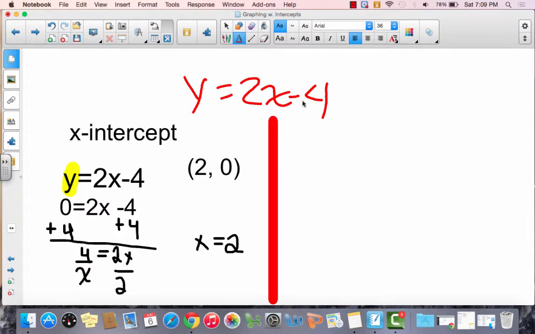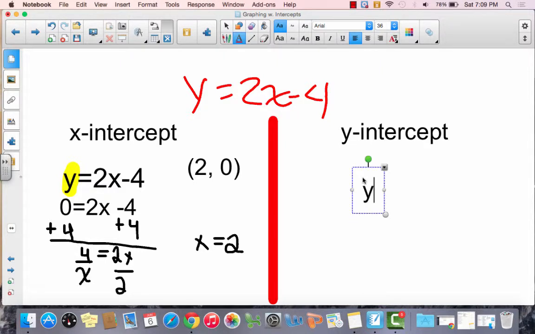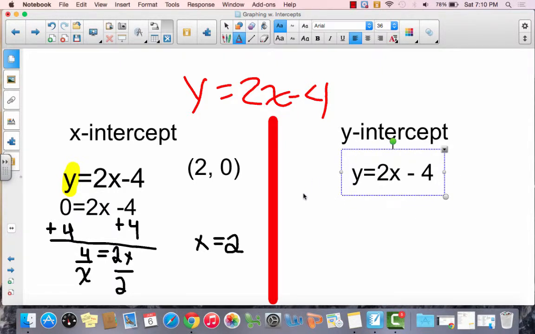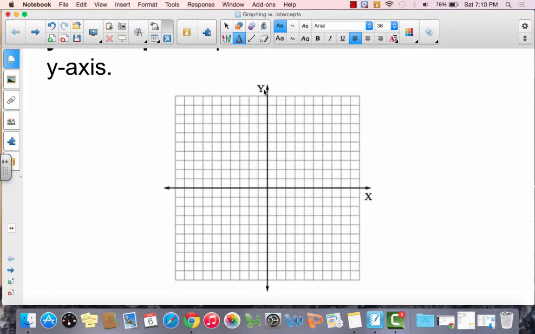To get my y-intercept, again, I start with my original equation. So I'll start off with y equals 2x minus 4. And very similar to before, I have to think about my coordinate grid, and any point that I were to graph that sits on the y-axis, my ordered pair would have an x value of 0.